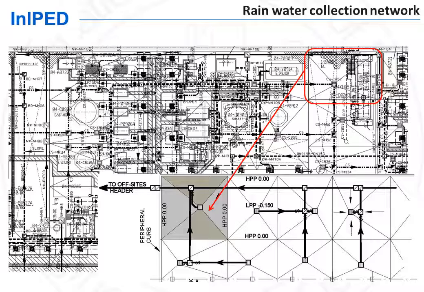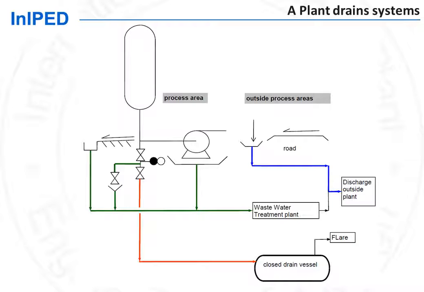Let's now look at the process drainage system. A process plant requires two process drain systems, a closed drain system and an open drain system. The closed drain system, shown here in red, collects liquids from process equipment which have hazardous vapors.